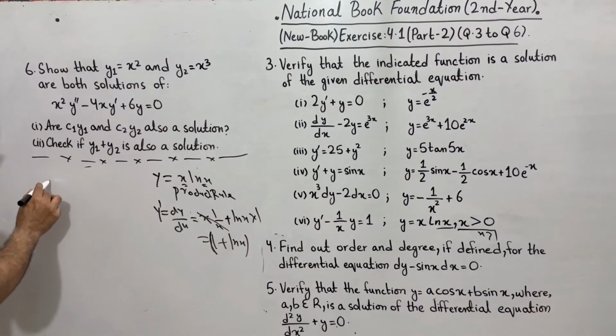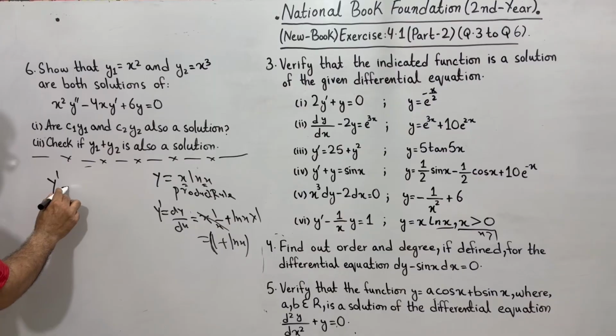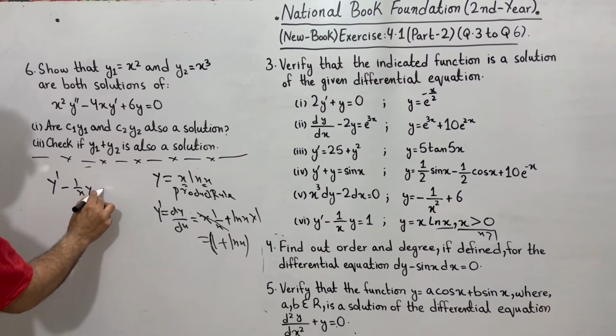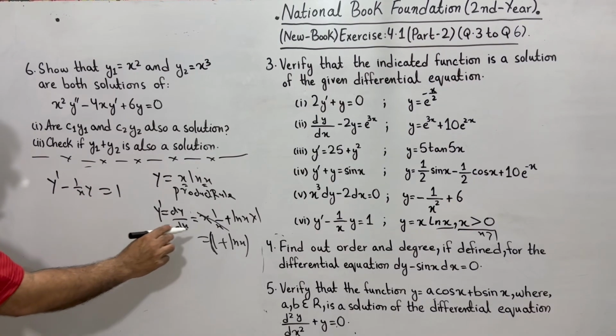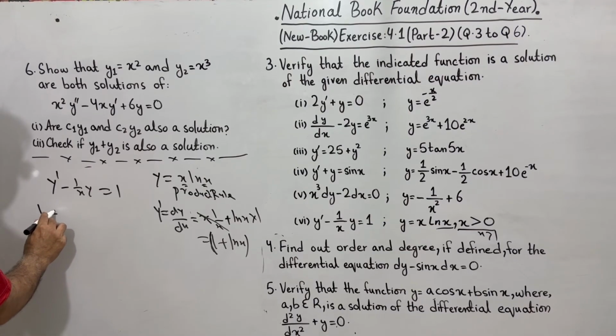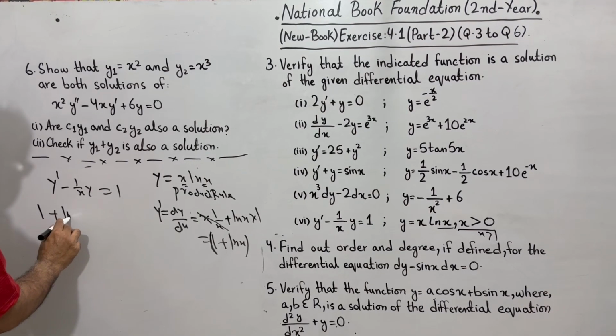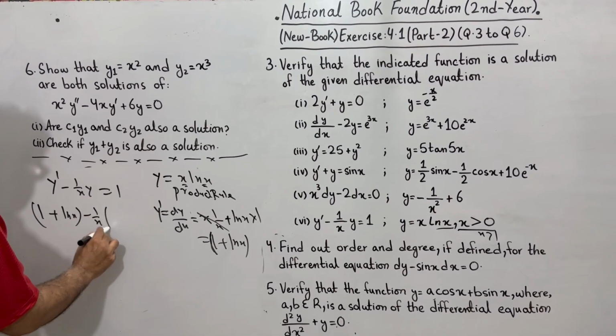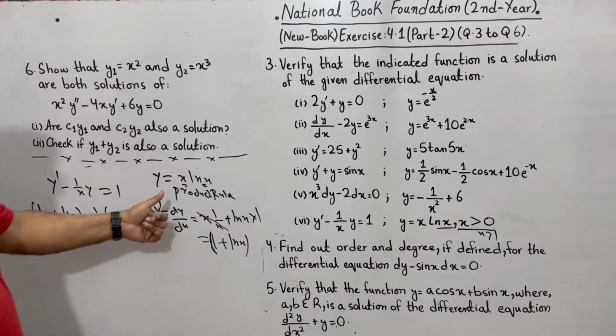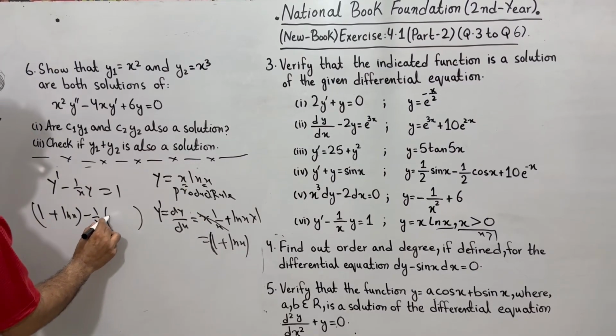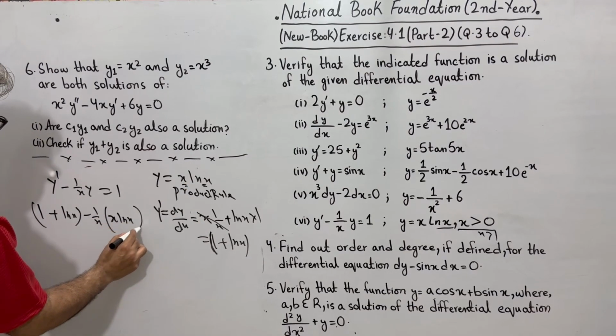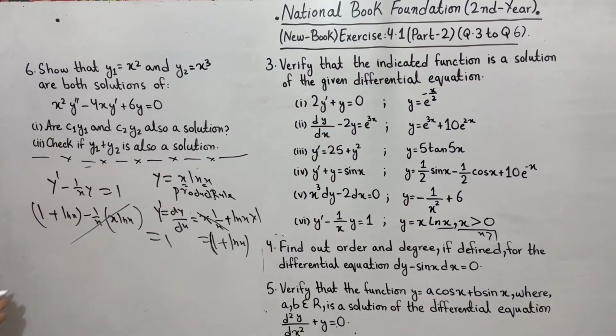That is y dash minus 1 over x times y is equal to 1. Let's see. Y dash means 1 plus ln x, minus 1 over x. What is y? Mind y is x ln x, it's equal to 1. X cancels out.